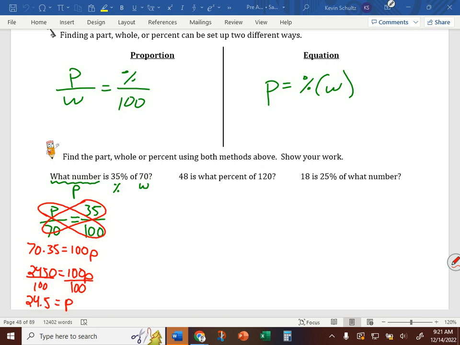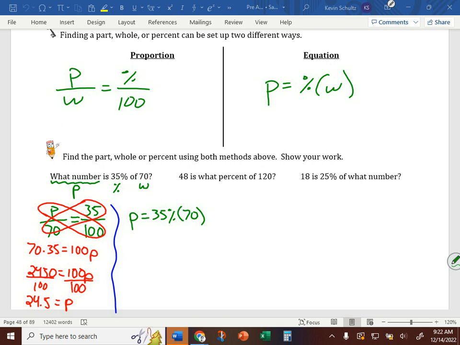Okay. Using the equation method. P equals percent times whole. We already identified that the part is what we're solving for. So P equals 35% times the whole, which is 70. If you like fractions, proportions, and cross products, you'll like the proportion method because the percentage is written as a fraction, 35/100ths.